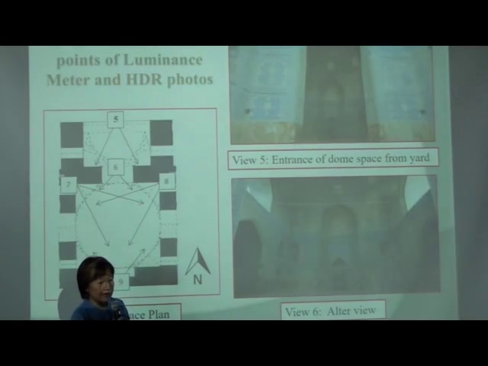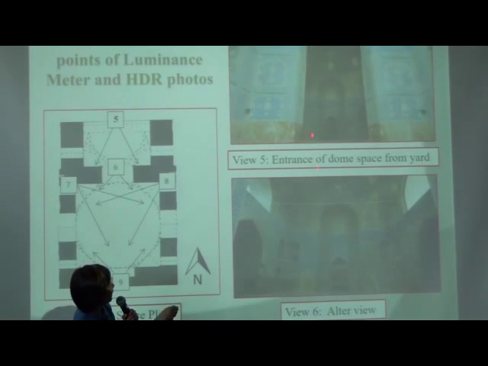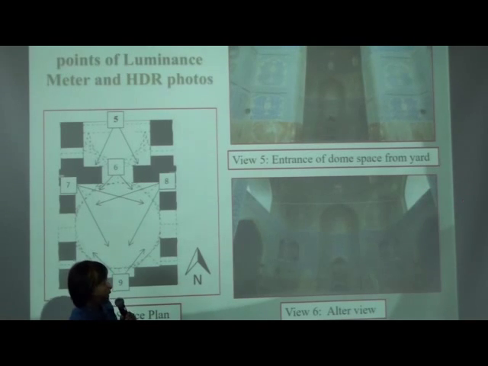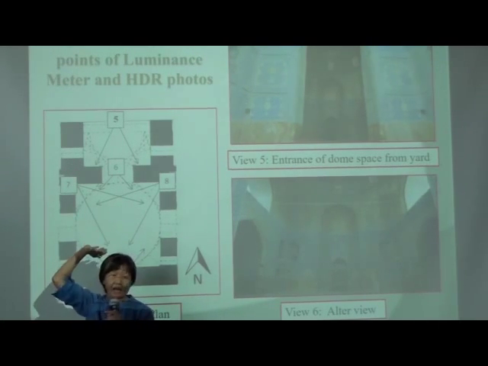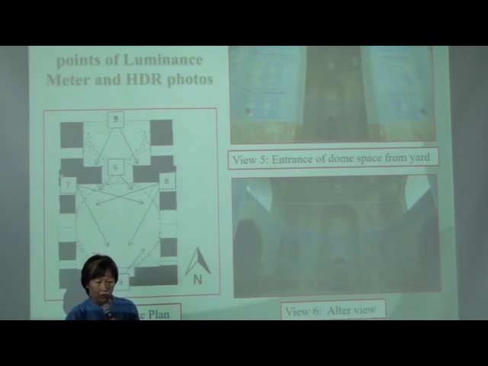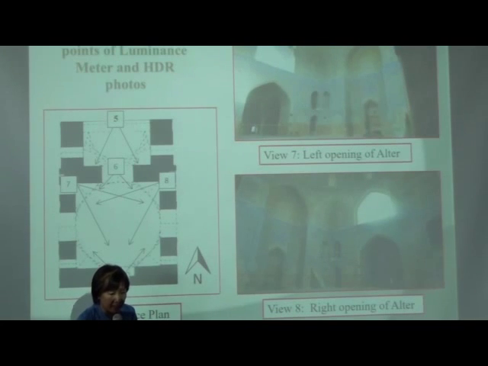And once entering the main mosque, she tried to see the effect of light and analyze the position of the opening and the praying season, the location of the sun. So she tried to analyze what's going on and come up with the findings and recommendations.